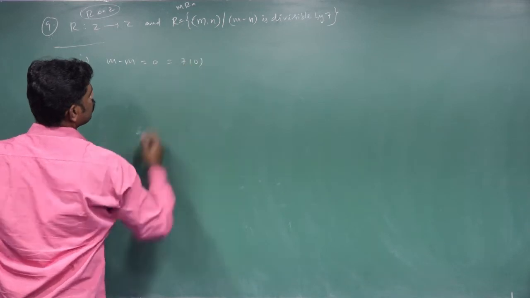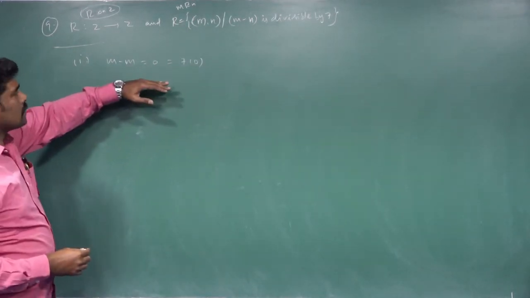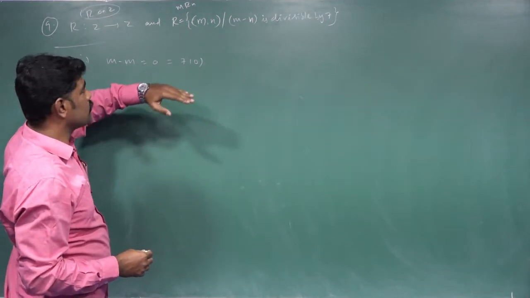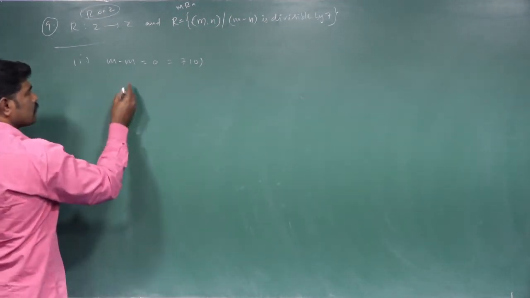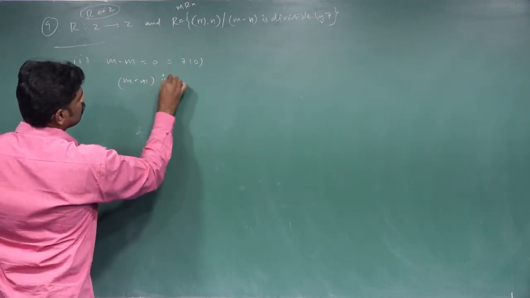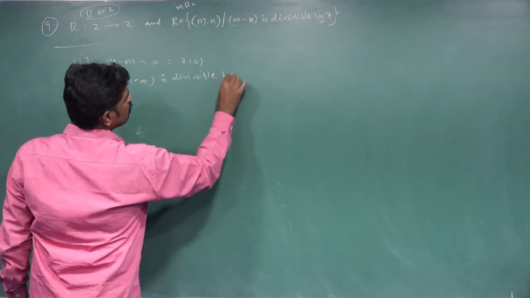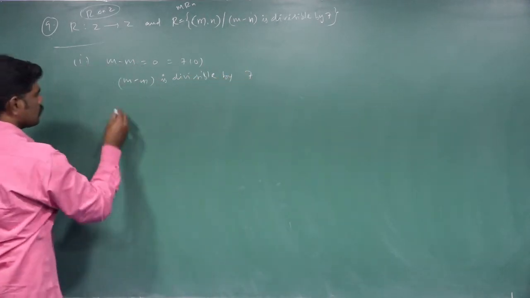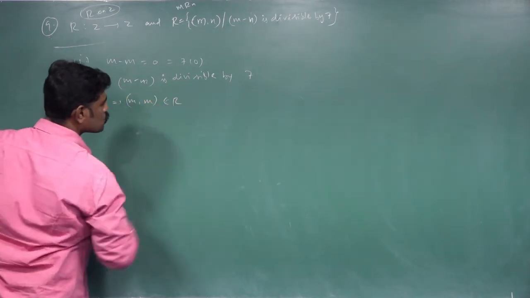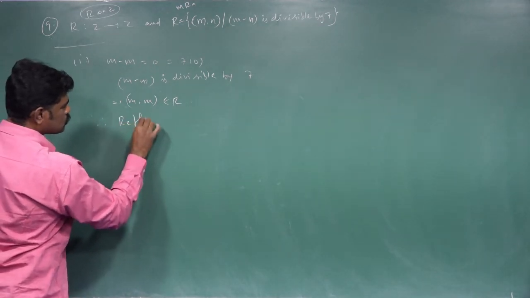Then it is 7 into 0, which is nothing but a multiple of 7. So if it is a multiple of 7, it is divisible by 7 also. M minus M is divisible by 7. So this implies the pair M comma M belongs to R. Therefore, reflexive is true.